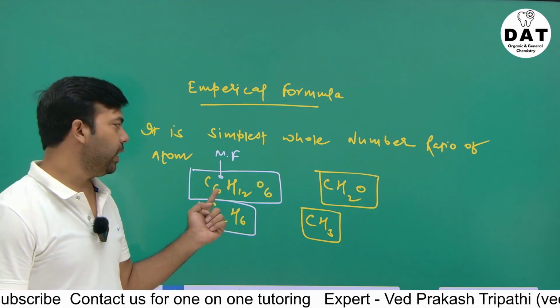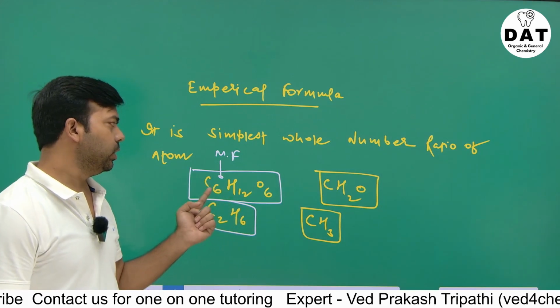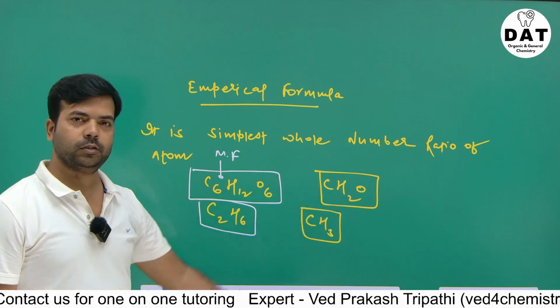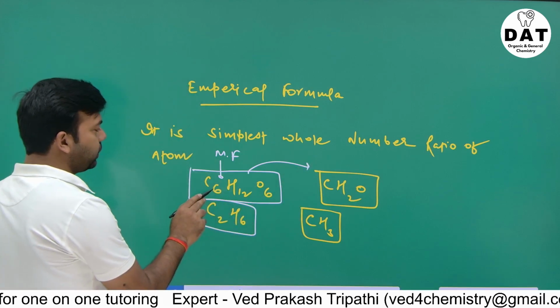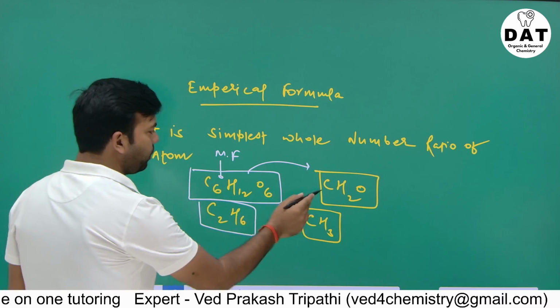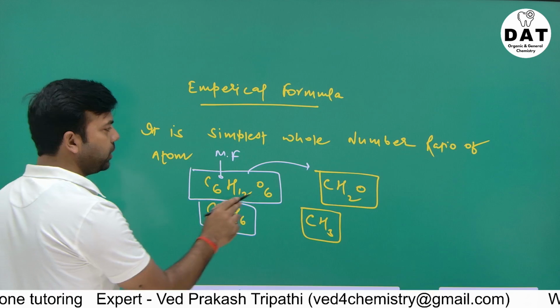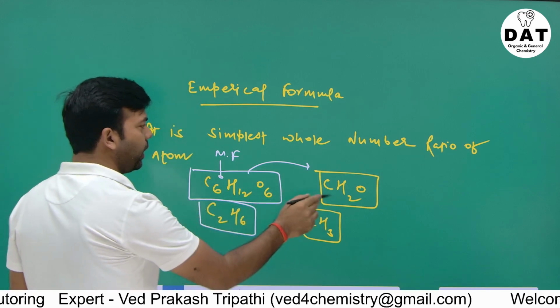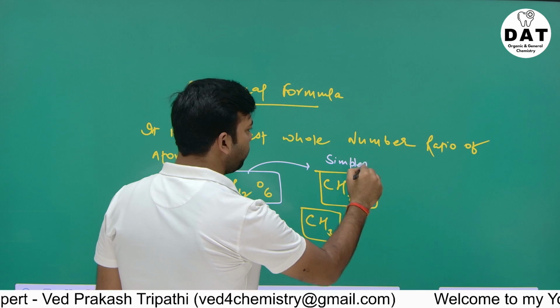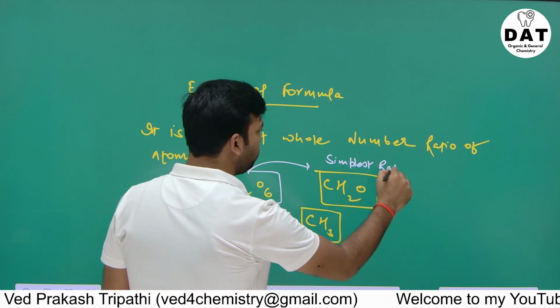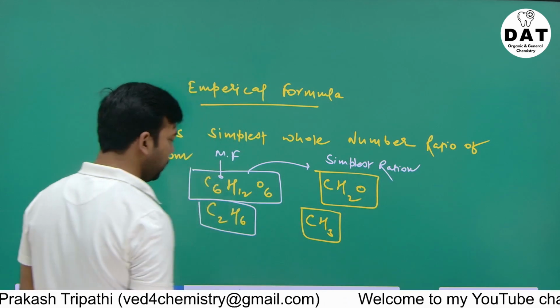You can divide all three atoms by 6. Carbon is 6, so 6 divided by 6 is 1. Hydrogen is 12, 12 divided by 6 is 2, and oxygen is 1 as well. So this is the simplest ratio.